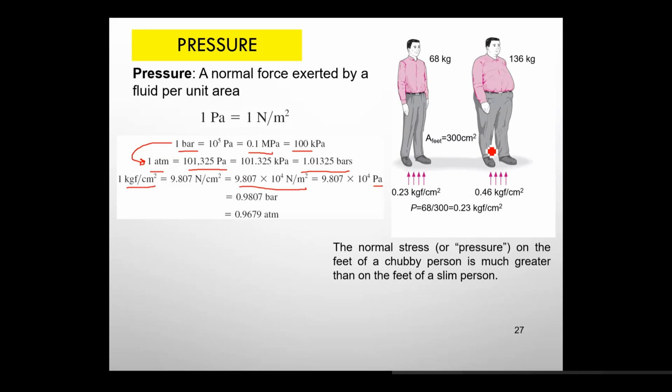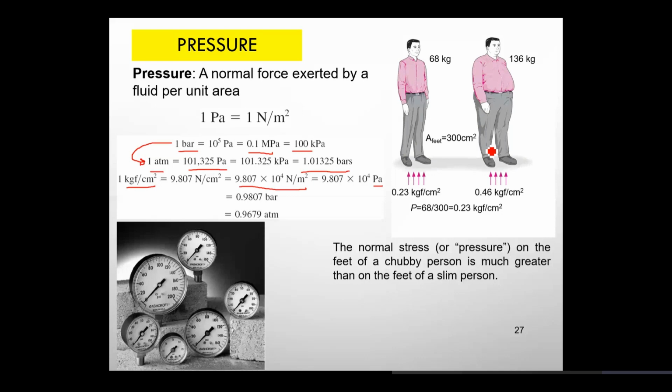Clear enough? These are some of the common pressure gauges you would see. Just remember that the conversions shown on the top of the slide are essential for you, because at times when you go to the market and ask for a gauge, you may not find a gauge for your range in the desired units.